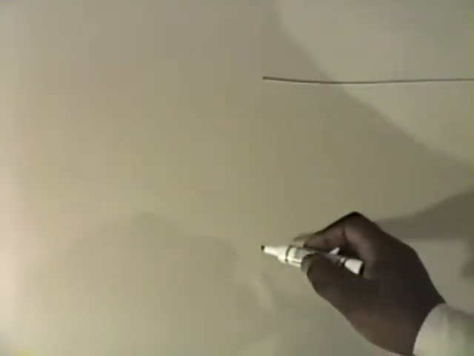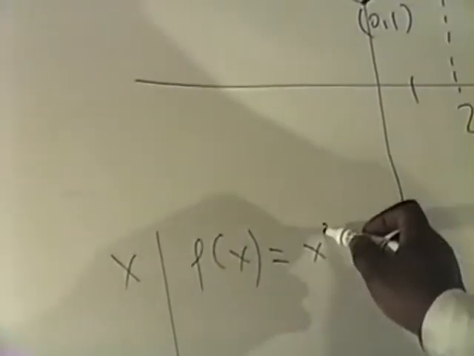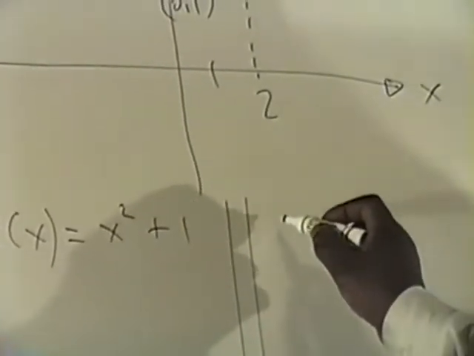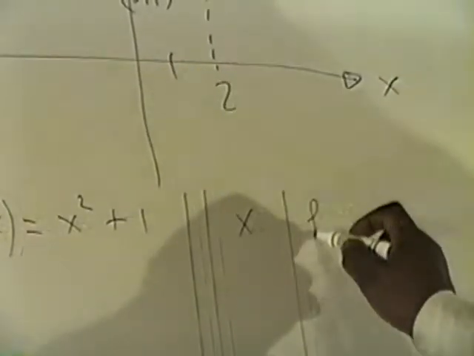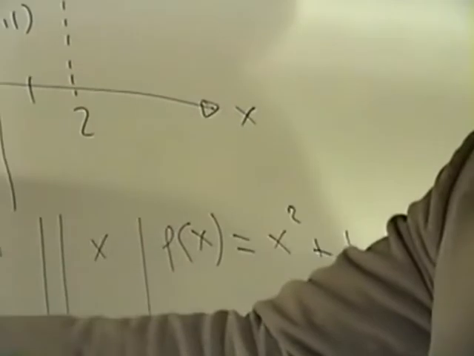Okay, let's see it. I'm going to write a table here. From the left-hand side, we have x, then f(x) is equal to x squared plus 1. Then on the right-hand side we have x, and f(x) is equal to x squared plus 1. As I said, this is the left-hand side and this is the right-hand side.